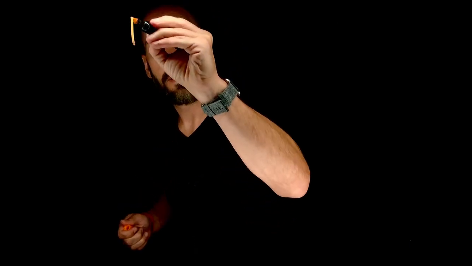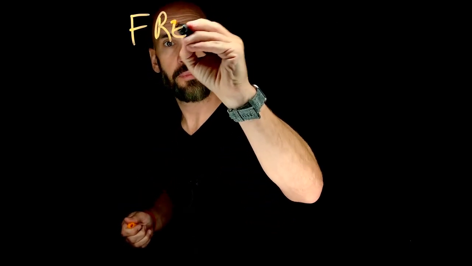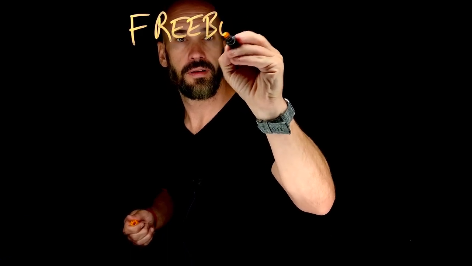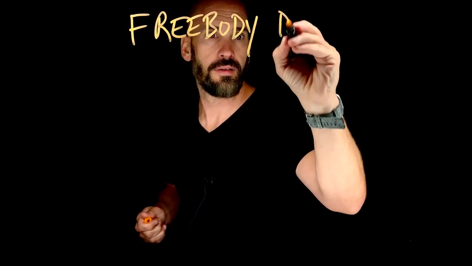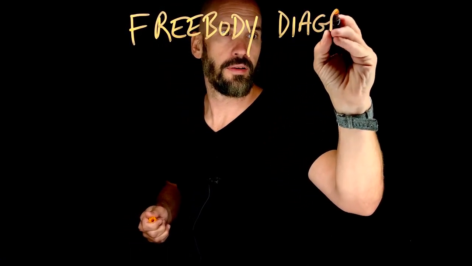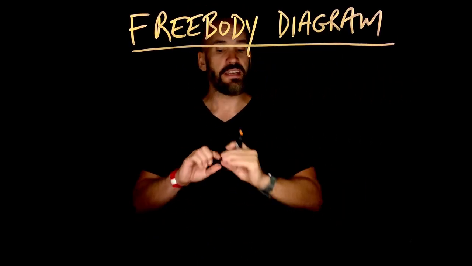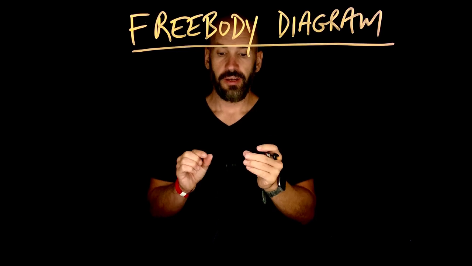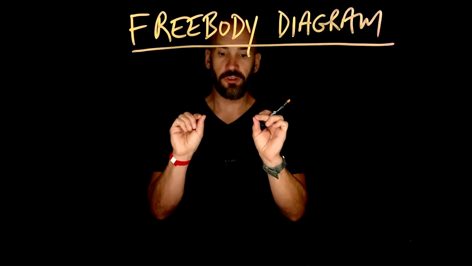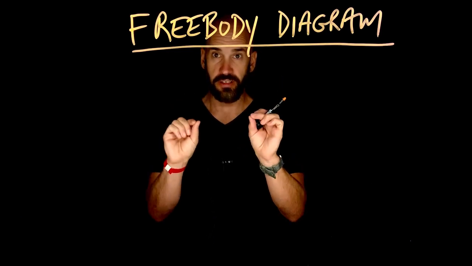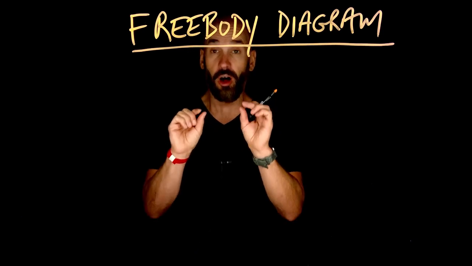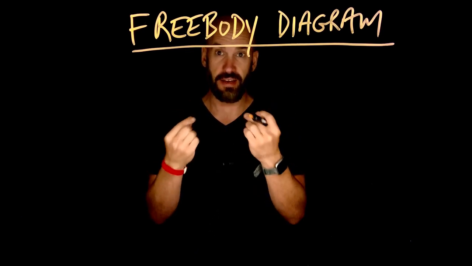This video is going to be a tutorial on free body diagrams, okay? We'll write that up here, free body diagram. A free body diagram is basically just a picture with very careful depictions of all forces, all force vectors that are acting on an object.